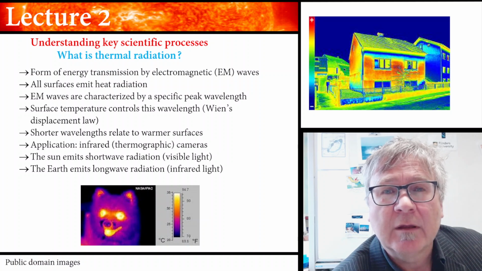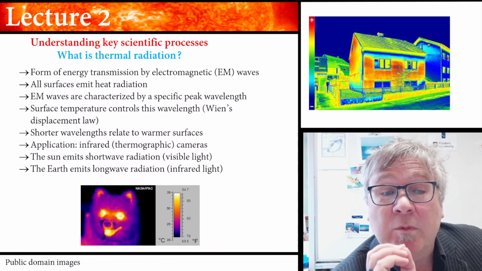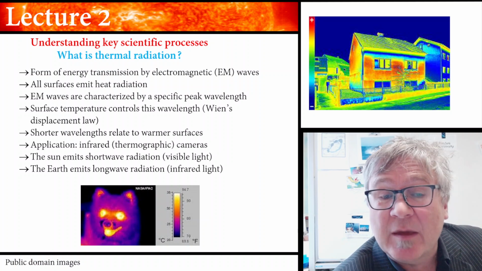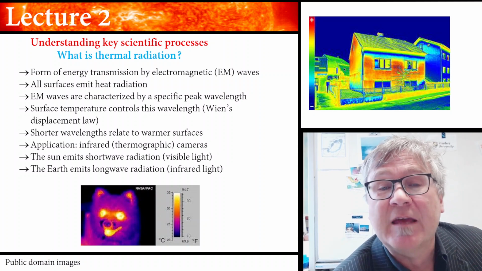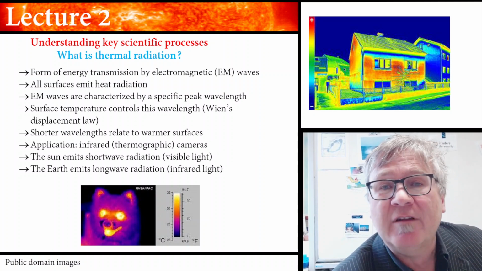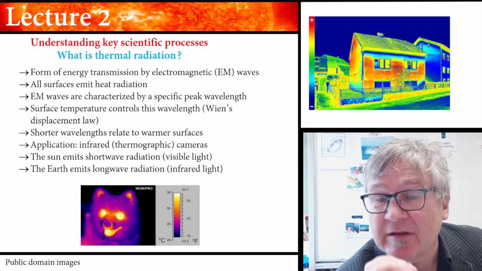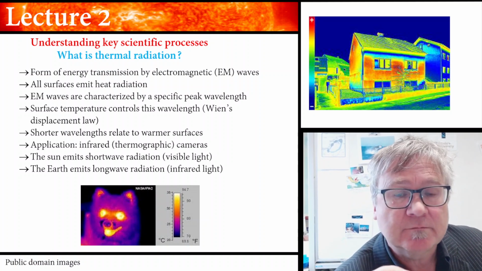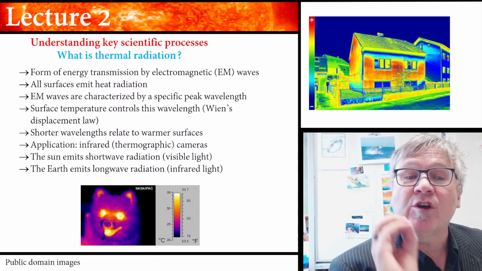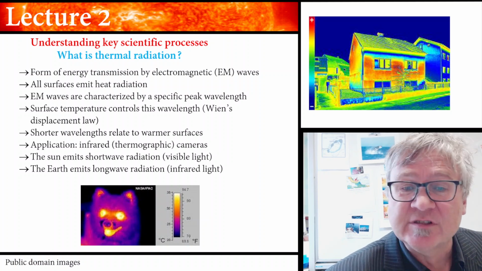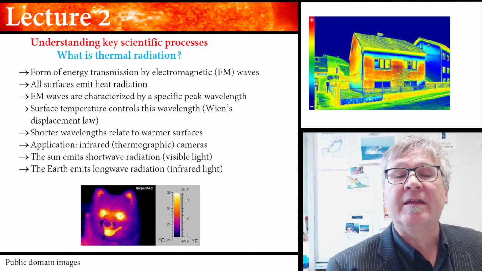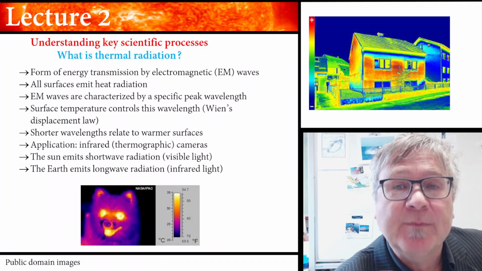Okay? And the electromagnetic waves can be characterized by a specific peak wavelength, by one particular wavelength. And it's the surface temperature that controls this wavelength. It's known as Wien's displacement law.